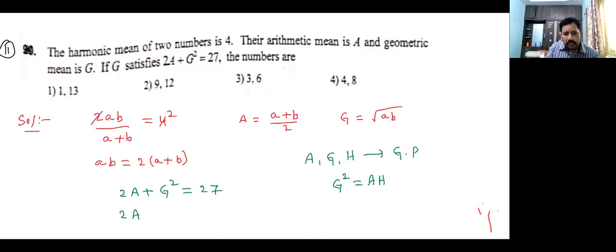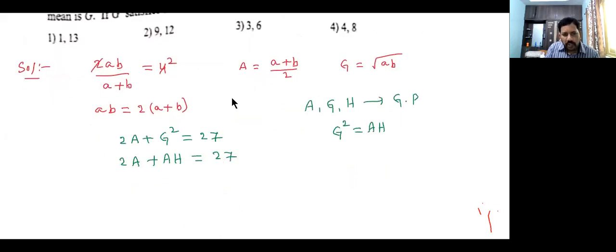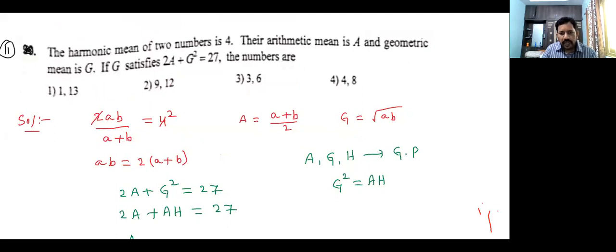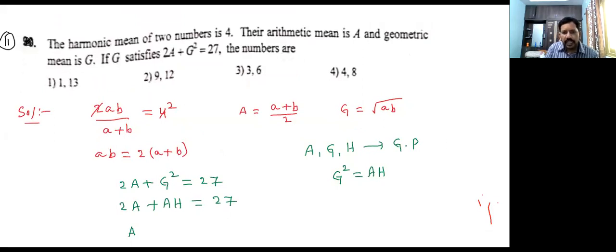2a plus G square. G square means AH, that's equal to 27. In both the terms, what is the common? A is common. So write like this. What is H? Harmonic mean, already given in the question. Harmonic mean is 4.